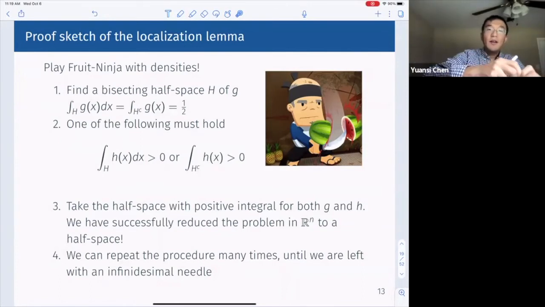It's only when you have a needle that you cannot find a point and rotate and get to positive integrals. So that's why it ends up with an infinitesimal needle. In practice, you have to pick those points with rational numbers, so that you get a countable number of steps until you converge. But these are technical details.